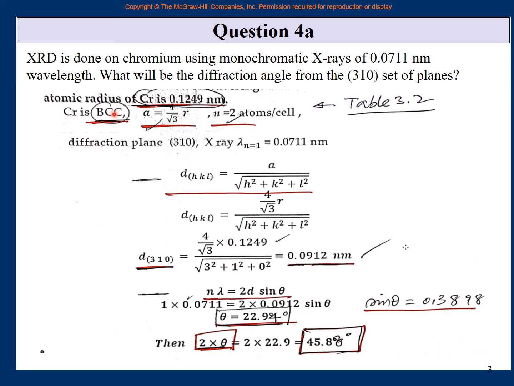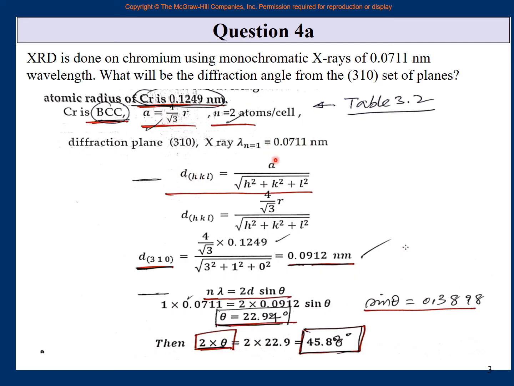If it is in the BCC list, then there are two things automatically that you write for yourself. A is equal to 4R upon root 3. And number of equivalent atoms is 2 atoms per unit cell. Right? So these two, because chromium is in the BCC list on the formula sheet, A is equal to 4R upon root 3. And for BCC, the equivalent number of atoms in a unit cell is 2 atoms. So now you start solving. This is already given.